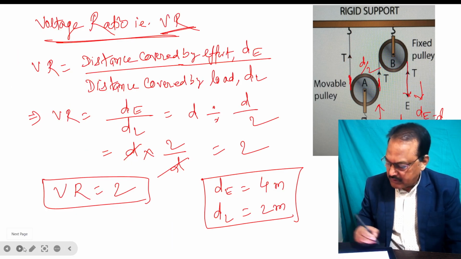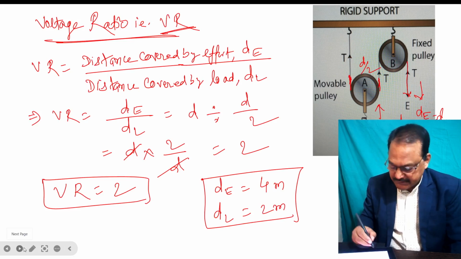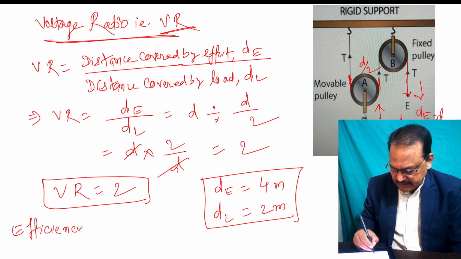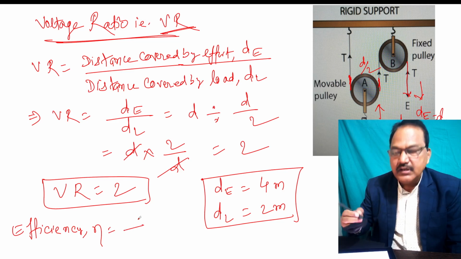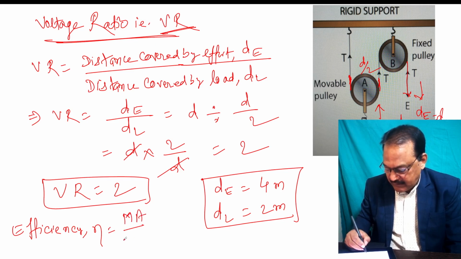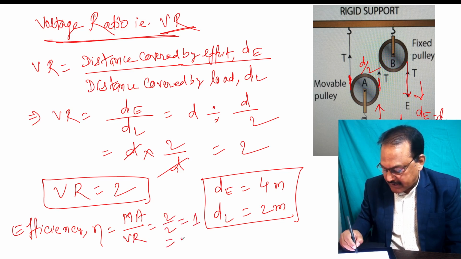One more thing we can calculate here is efficiency, denoted by eta. Eta is equal to mechanical advantage by velocity ratio VR, that will be 2 by 2 equals 1. It means 100%.